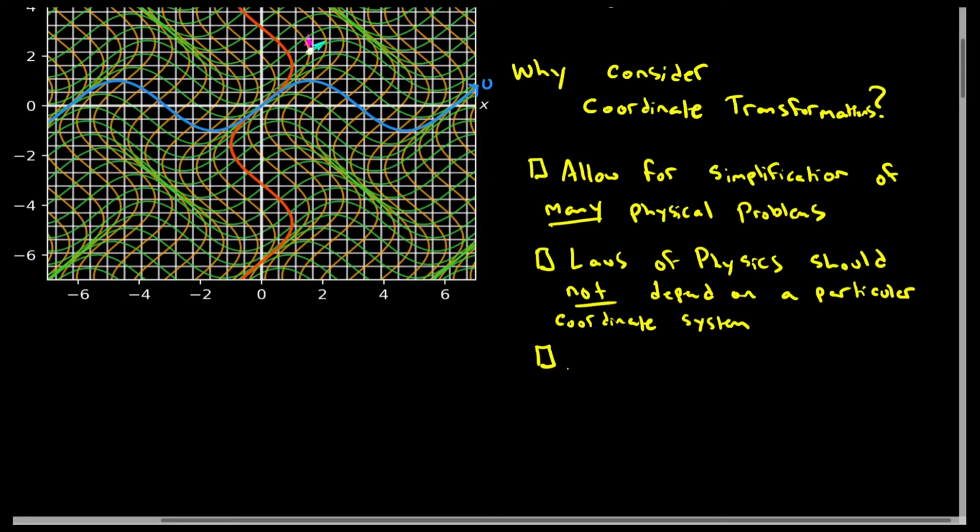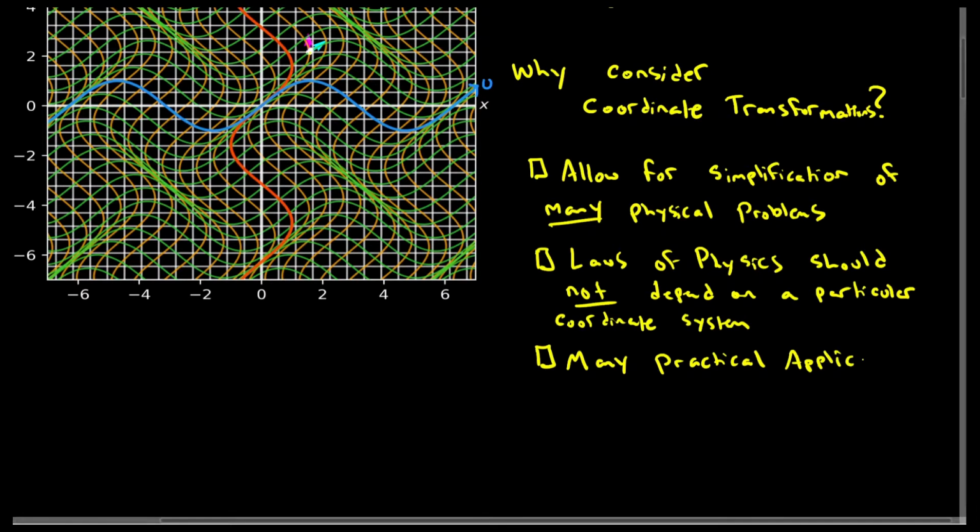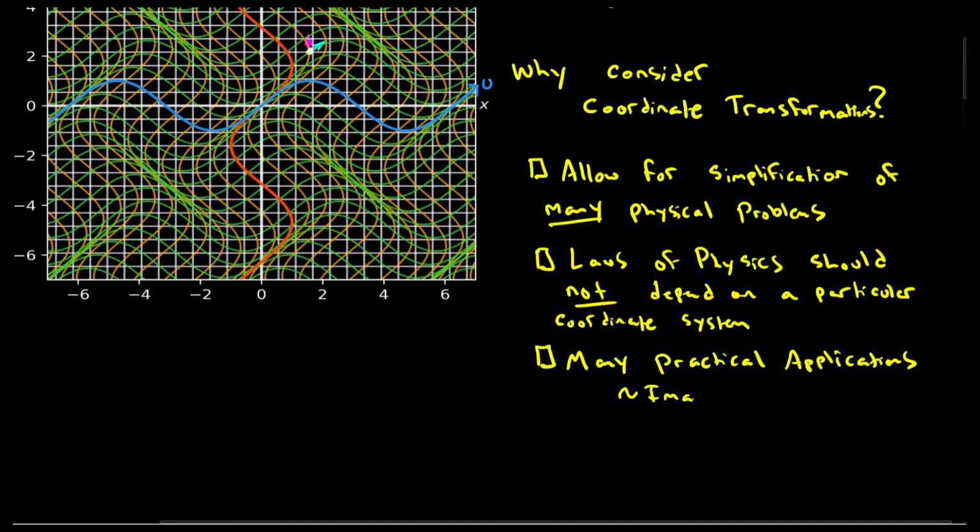And the last thing is that they have many, many other very important applications. I could spend hours just talking about all of the different applications. One of the big applications that we have of coordinate systems is to image processing.